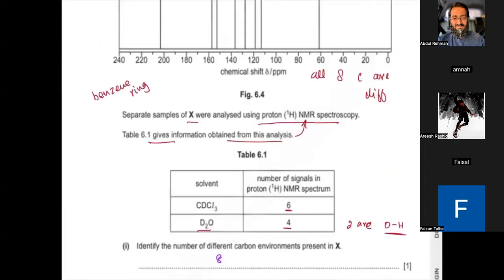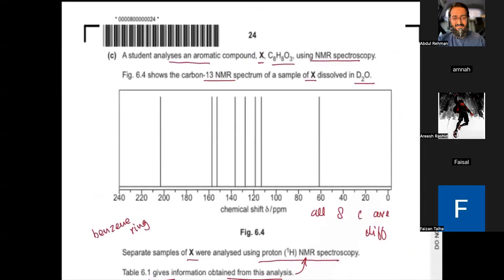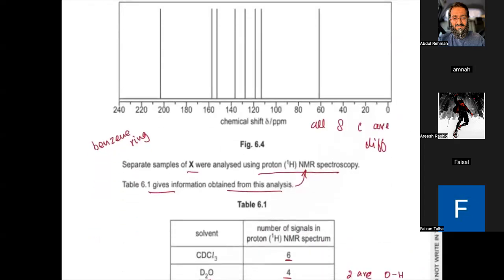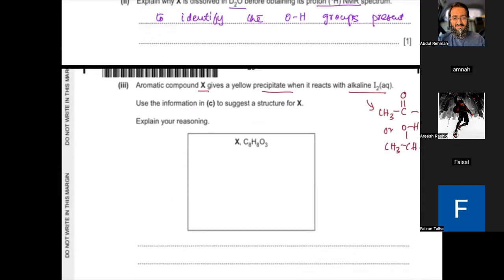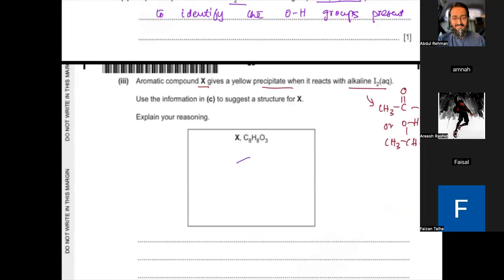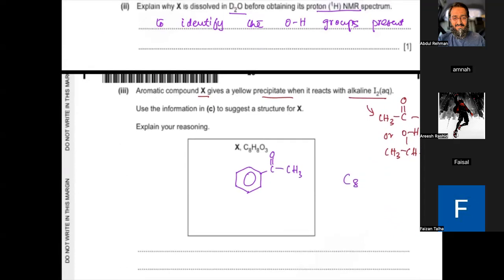So how many OH do we have? We have 2 OH, right? That's what we have identified. And there is a benzene ring. So, putting a C=O and CH3, it makes 8 carbons.